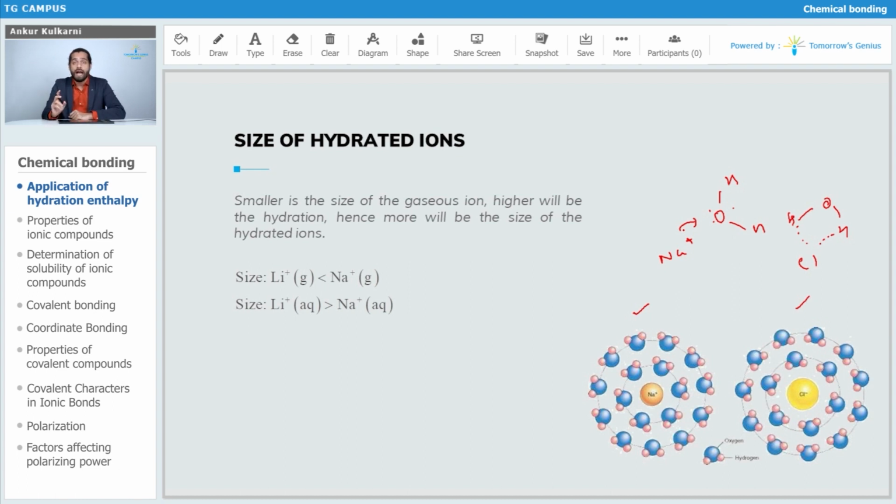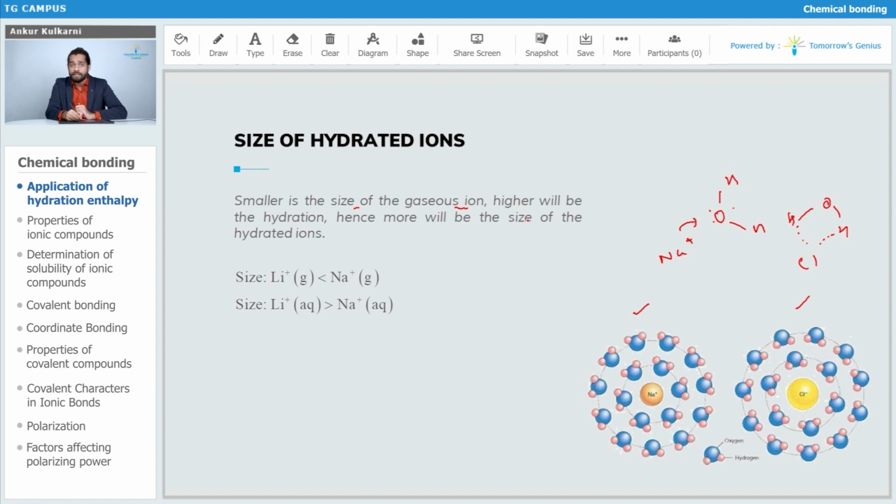So, smaller is the size of the gaseous ion, higher will be the hydration. Here we are talking about the cation and anion, not about the solvent. So look here carefully: smaller is the size of the gaseous ion, higher will be the hydration.